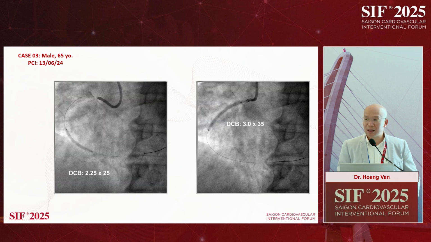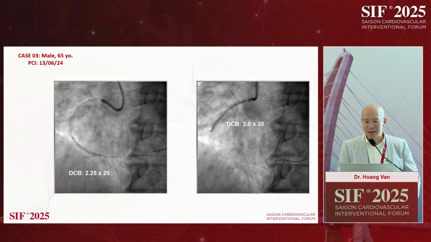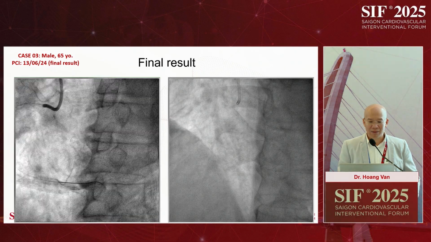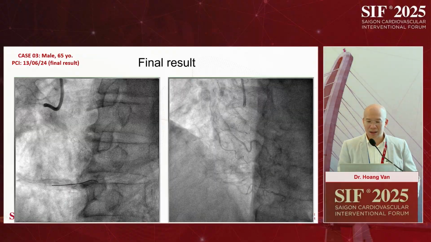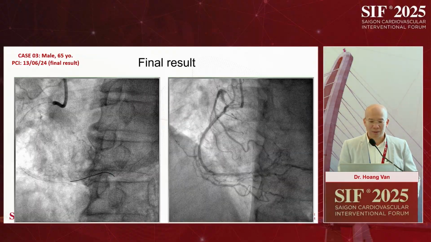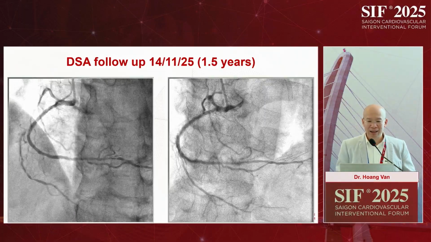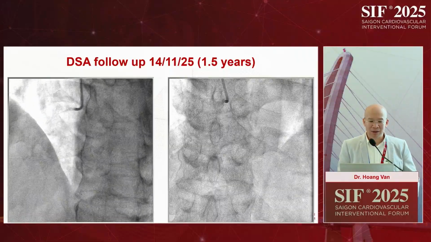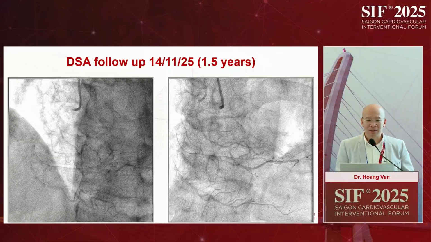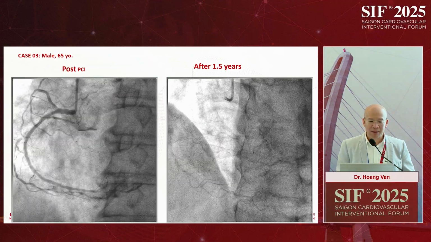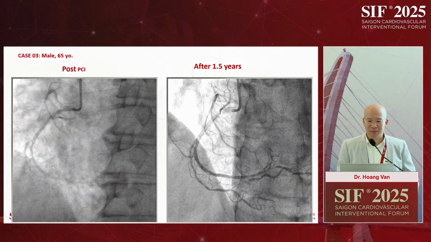After that we used 2 DCBs. In the distal artery a DCB 2.25 by 25, and in the proximal artery a DCB sized 3.0 by 35. And now the final result is not so good. After 1.5 years, the patient had chest pain, we checked again. We could see the other result of the RCA, and now it looks very good. Yes, that's after PCI and after 1.5 years.